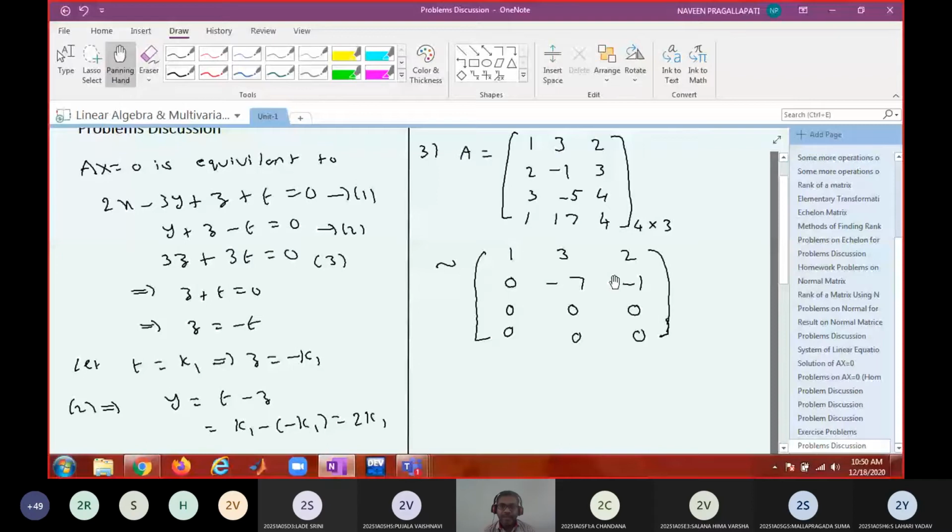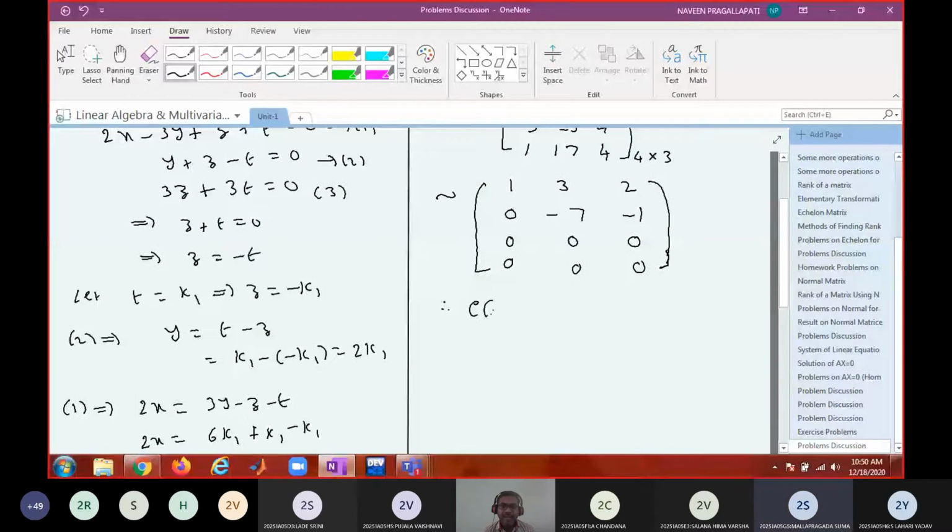So after obtaining rank 2, what is our conclusion? Rank of A equals r equals 2, which is less than n, where n equals 3, the number of variables.